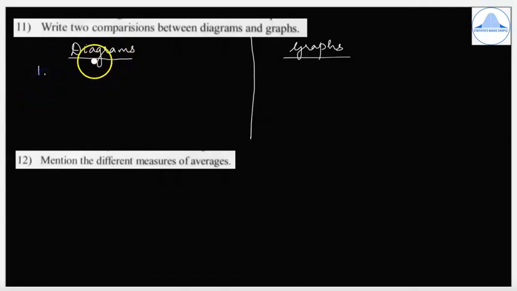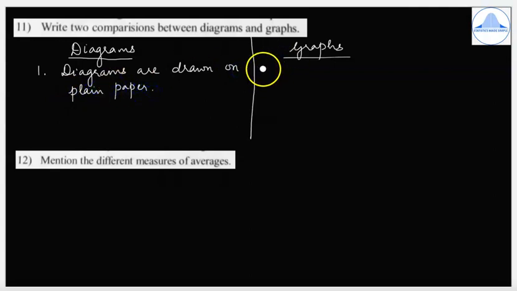So all of you know that diagrams are usually drawn on plain paper, whereas graphs are drawn on graph sheets.